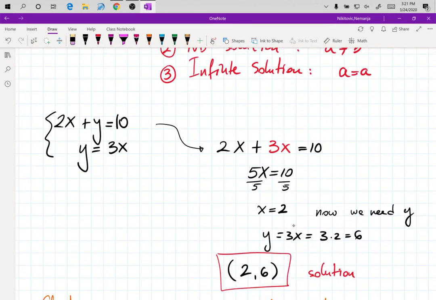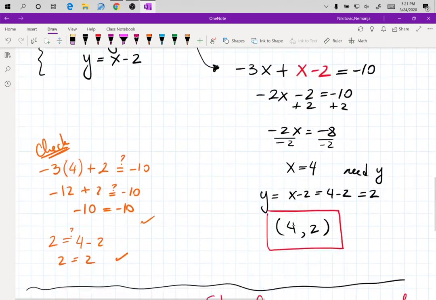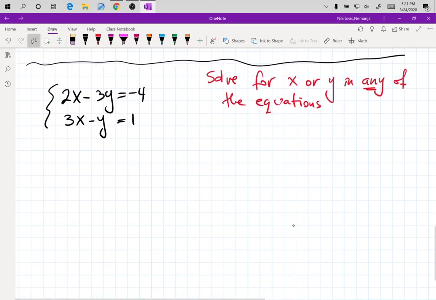You just plug in and you're done, right? Now, we have to solve, in this case, for y in the second equation, because that is the easiest of all of them. So, from the second equation, we are going to remove 3x. We'll get -y equals 1 minus 3x.